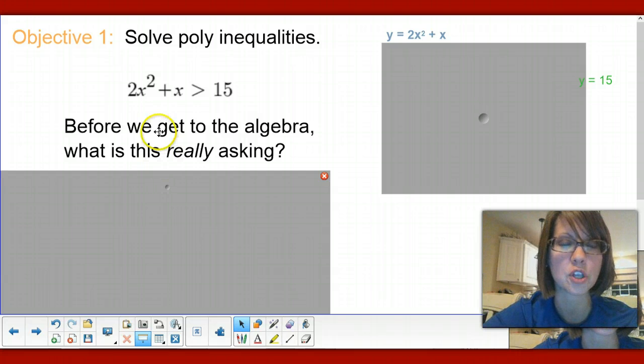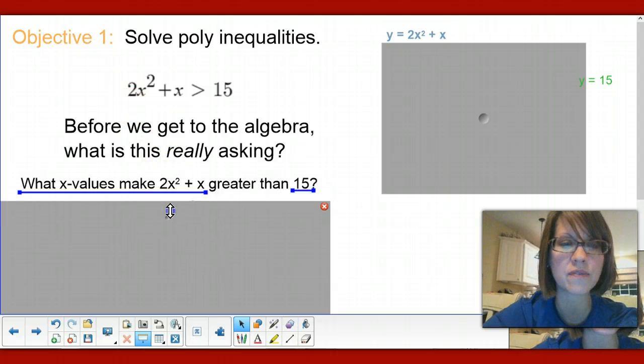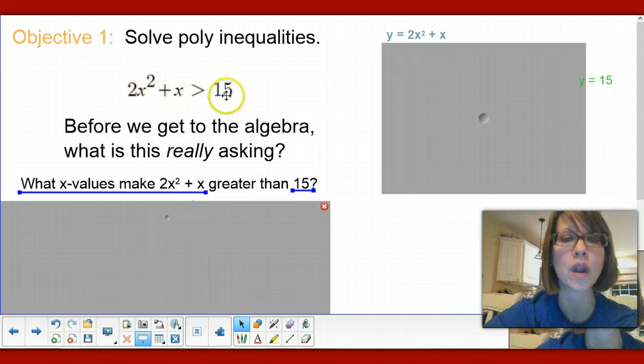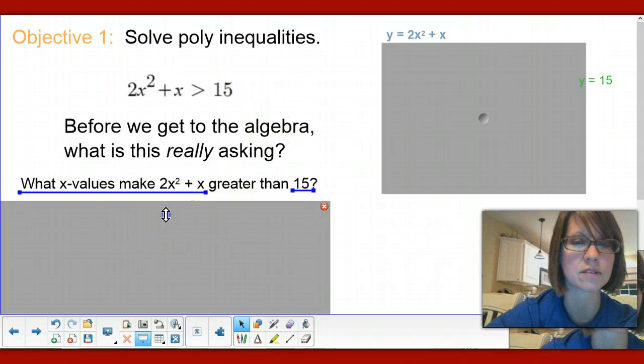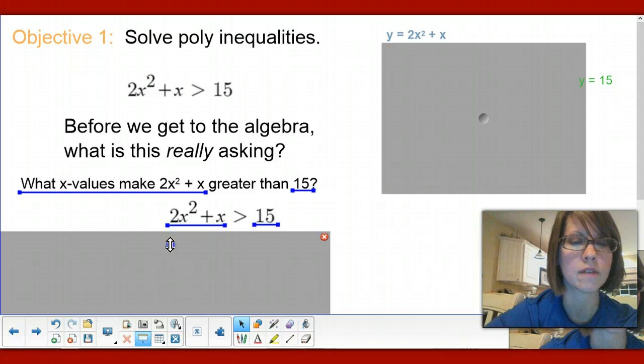This is really asking what x values, that's the missing variable, make 2x squared plus x greater than 15.